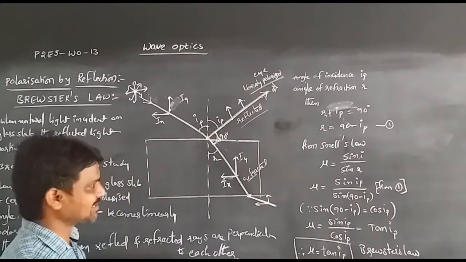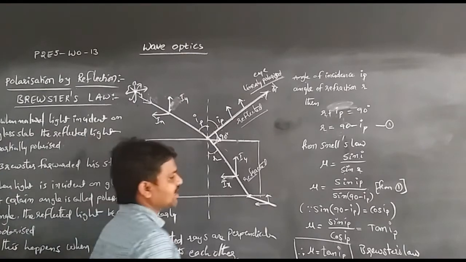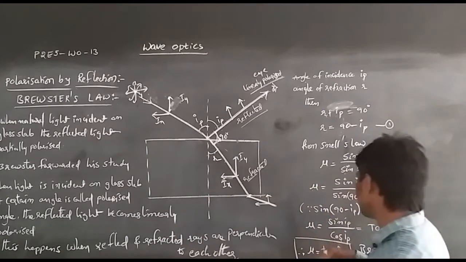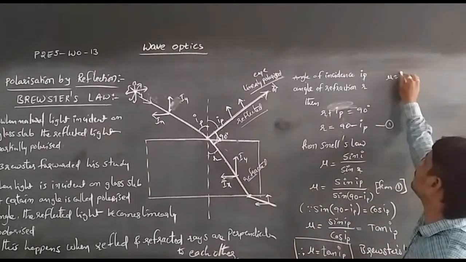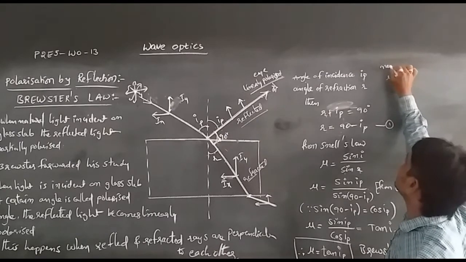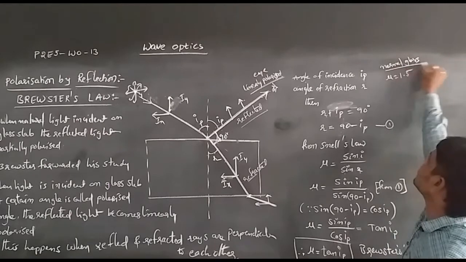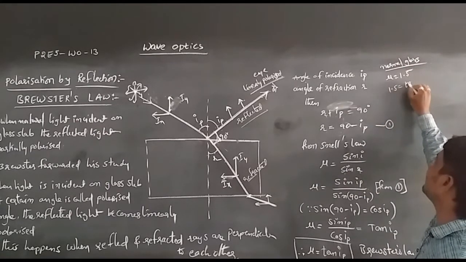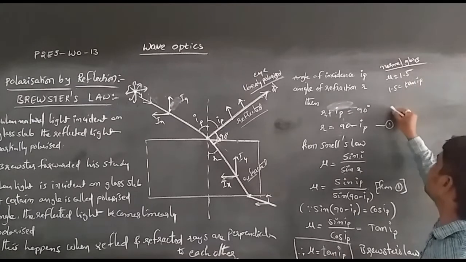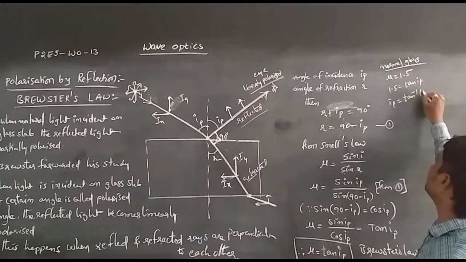For normal glass, the refractive index is mu equal to 1.5. So 1.5 is equal to tan IP, which means IP is equal to tan inverse of 1.5.